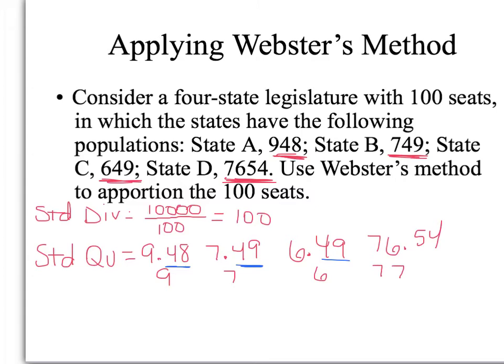I tried a couple, and the one that I found that worked for a modified divisor was 99.93. And so what happened is I went through and divided each quota.